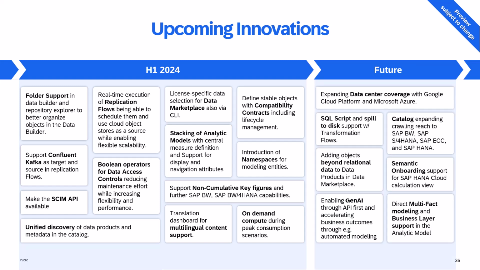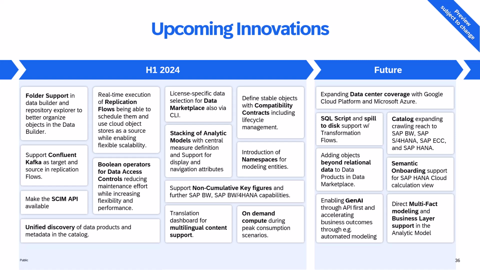And then looking further into the future, we will expand also the data center coverage. We had that topic at the very beginning of the session today with Google Cloud Platform as well as Microsoft Azure. We will add an option with SQL script and spill-to-disk support for transformation flows.